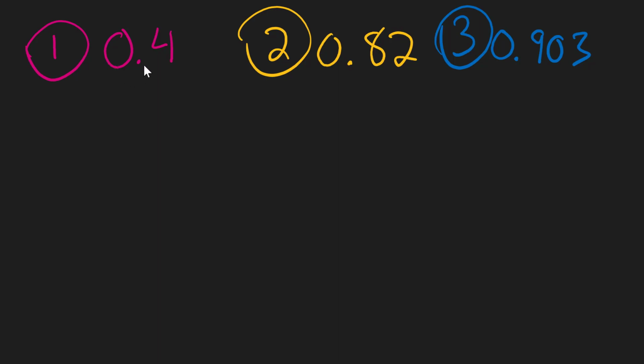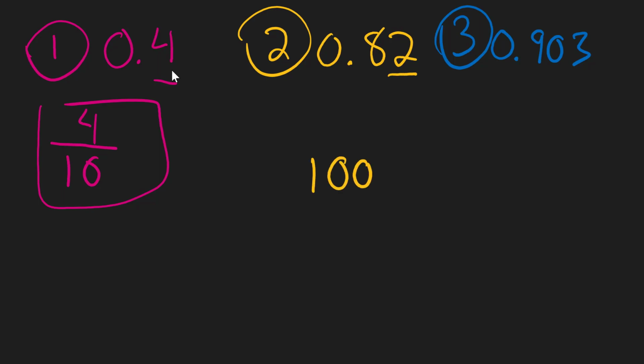So how do you convert 0.4 into a fraction? Well, 4 is in the tenths place. That means that 10 is going to be in the denominator of our fraction, and 4 will be in the top. So the fraction would be 4/10. How about number 2? Well, we have 0.82. The farthest this goes is to the hundredths place. And so that means that 100 is going to be in our denominator, and the numerator is going to be 82.